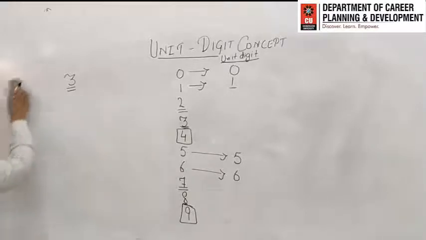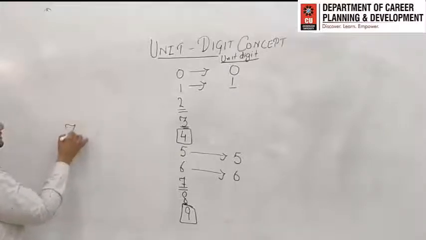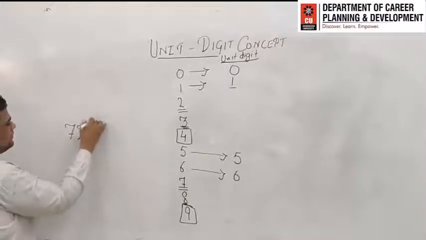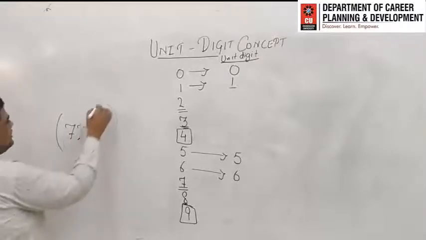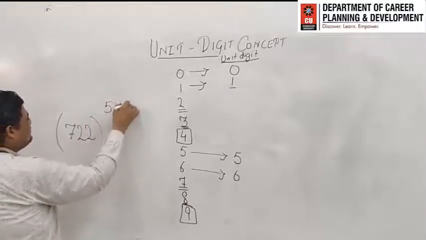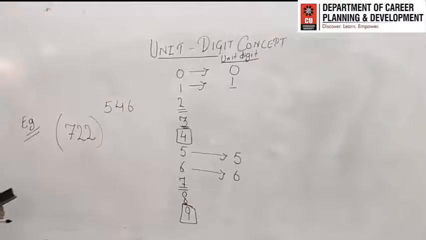Let's see this by an example. Let's see how to solve these types of questions. Now, if the example given to us is 722, I am taking any number, 722 raised to the power 546. Now the number is ending with 2.